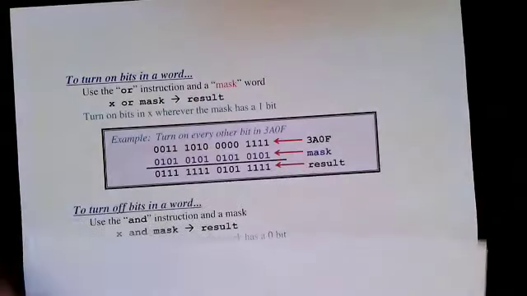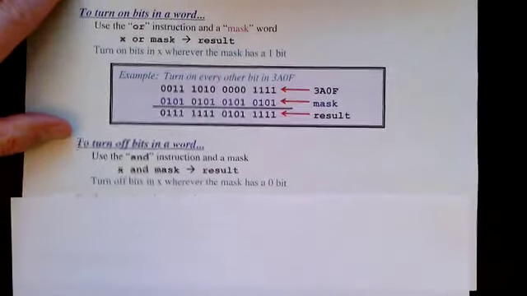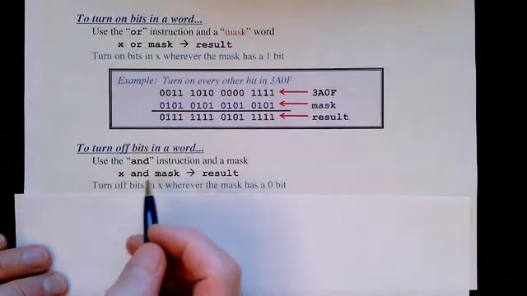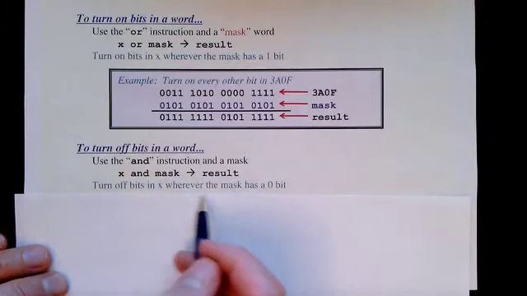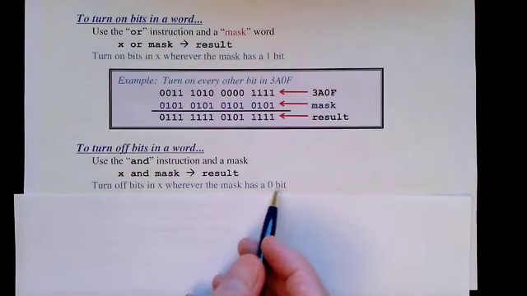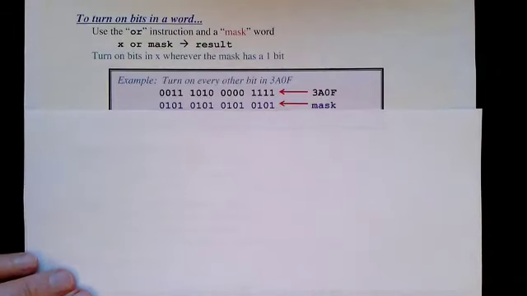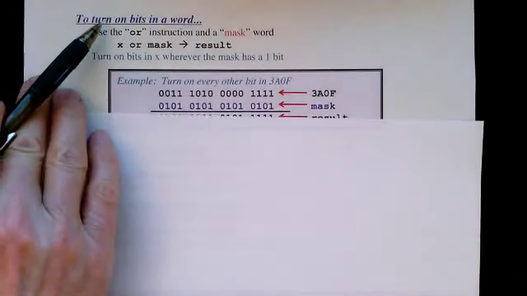Now, if we want to turn off bits, we can use the AND operation. In this case, we turn off bits in X wherever the mask has a 0 bit. So let's take the same values, and let's say we want to turn off bits.